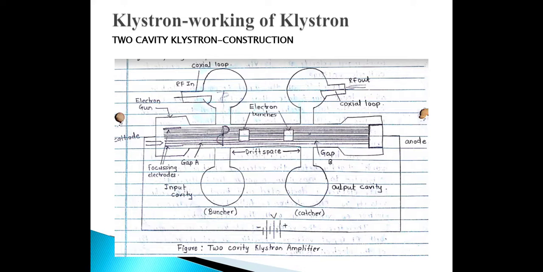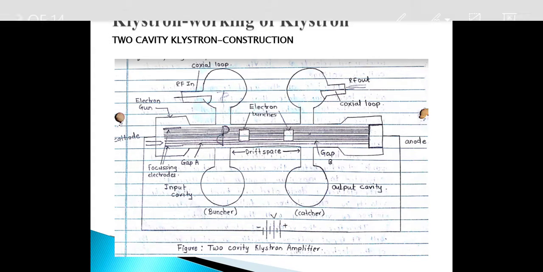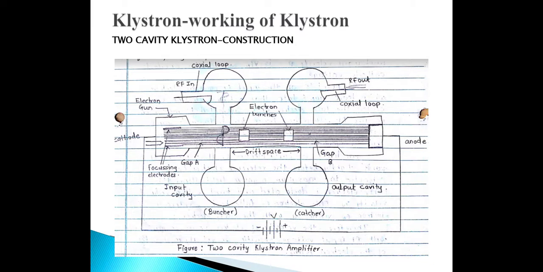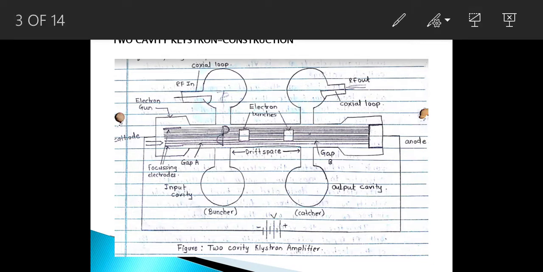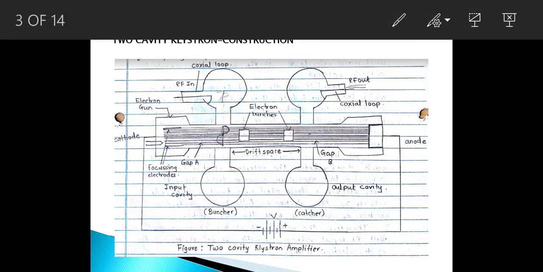So here you can observe the diagram very carefully. These two are the electron bunchers. Here the first cavity is called the buncher, and the second cavity is called the catcher.